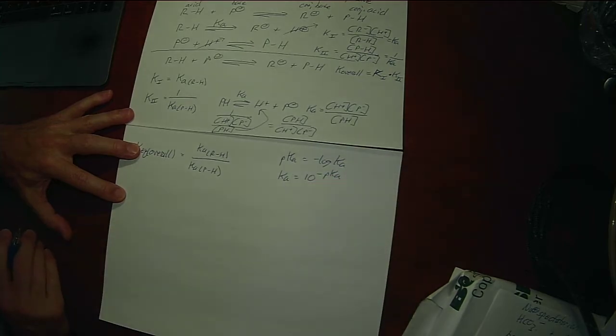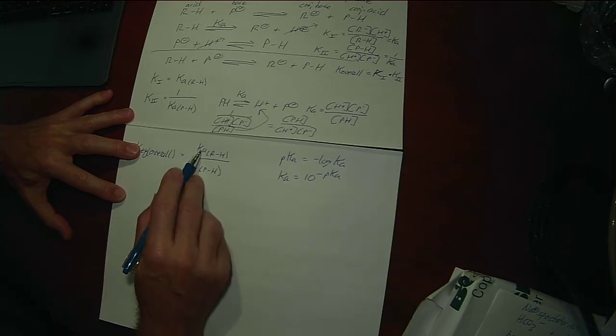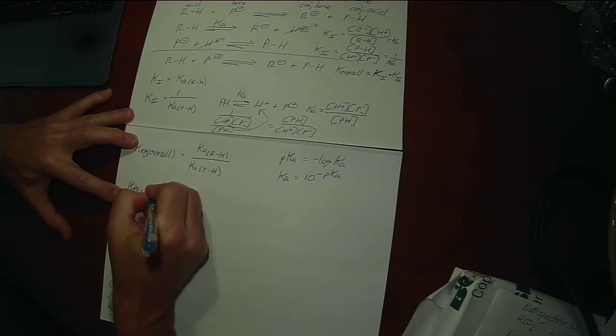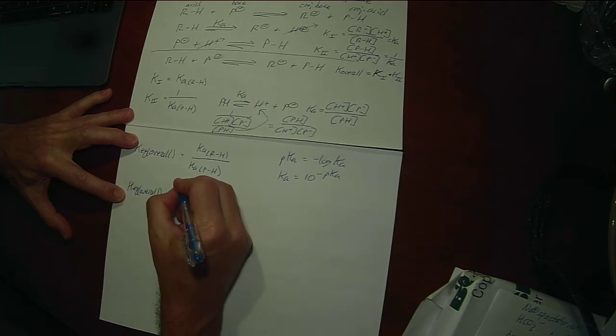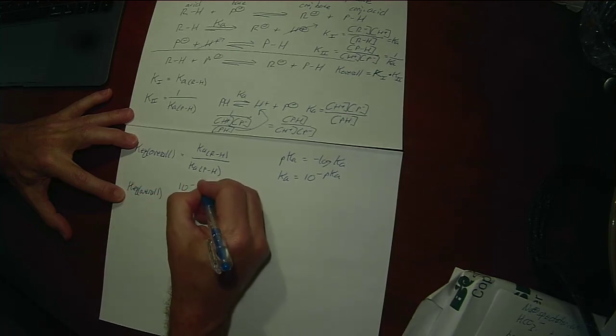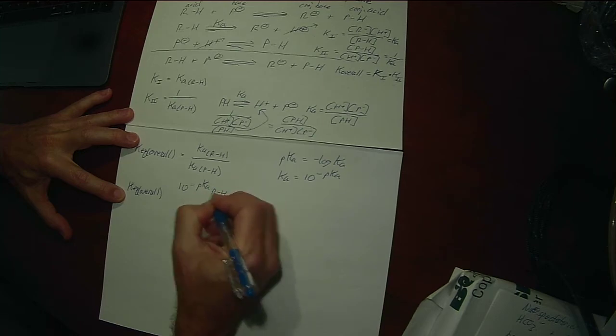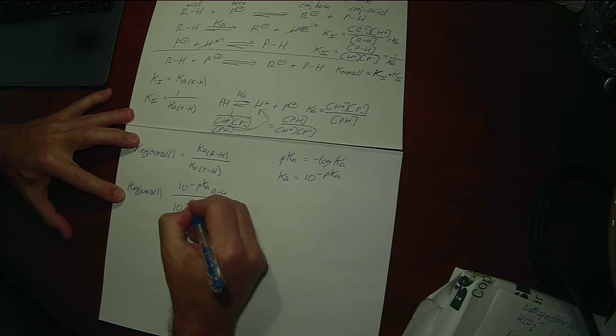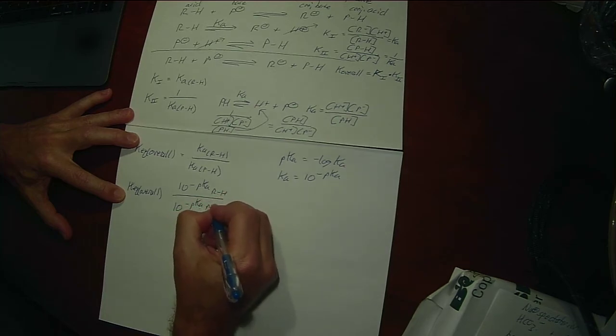Does that make sense? It's the inverse operation of the log. Yeah. So for Ka of RH, we can plug in 10 to the minus pKa of RH. And for Ka of PH, we can plug in 10 to the minus pKa of PH.